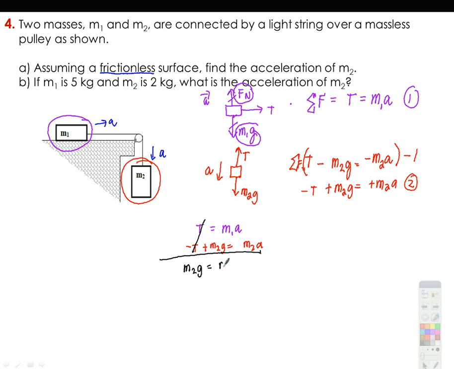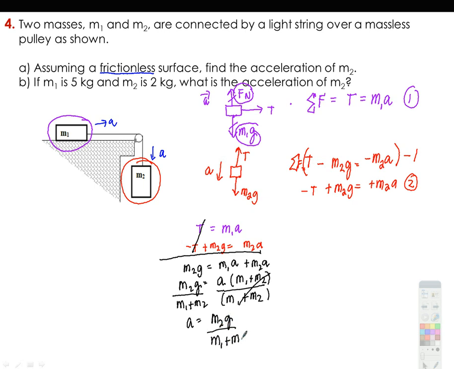And on the other side, you have m1a plus m2a. Like earlier, I will factor out my a, so we'll have m1 plus m2. I need to calculate for a, so I divide both sides by m1 plus m2, and then these two will cancel. So my a is equivalent to m2g over m1 plus m2.